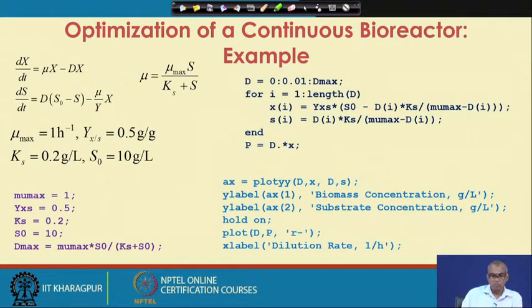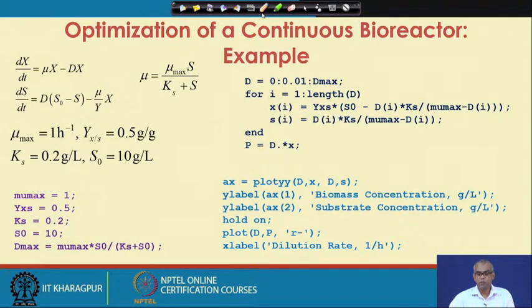So, now let us take help of the MATLAB optimization toolbox to solve this problem. In fact, you can also solve this problem by simply making use of the equations for cell mass and substrate concentration.